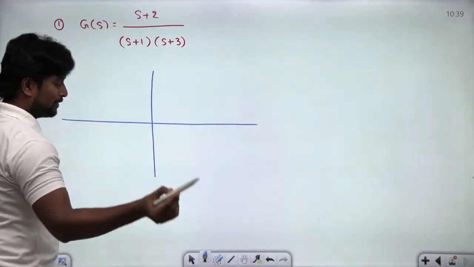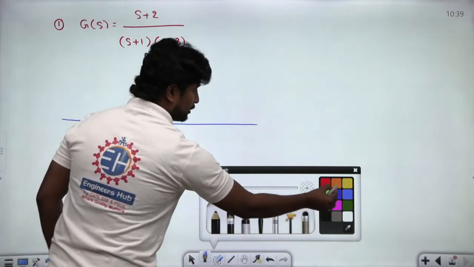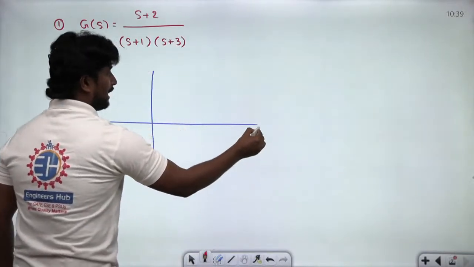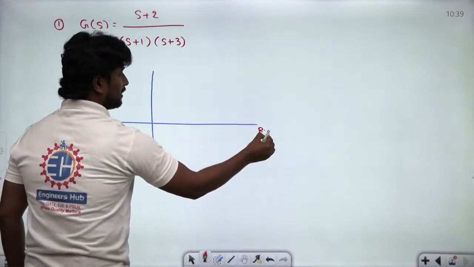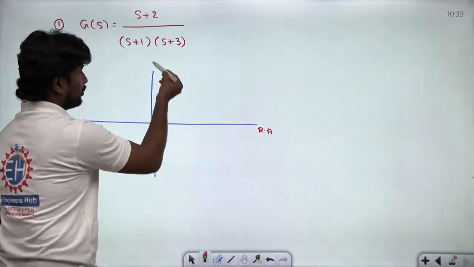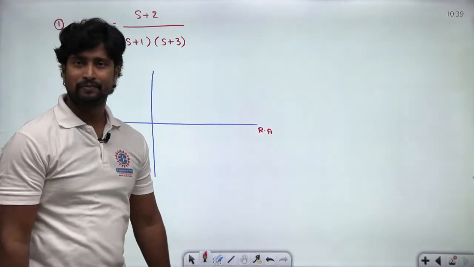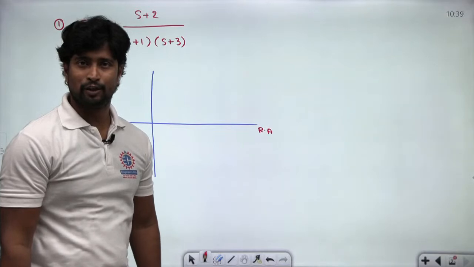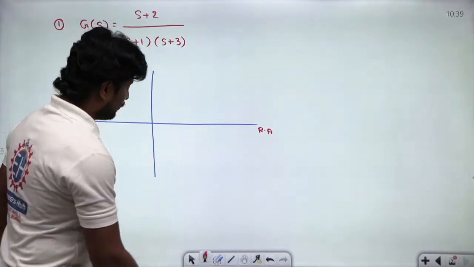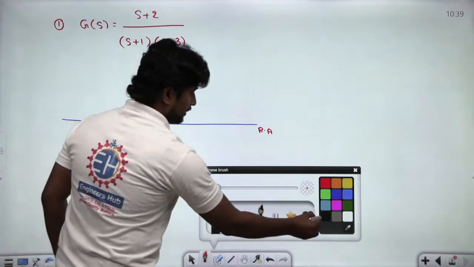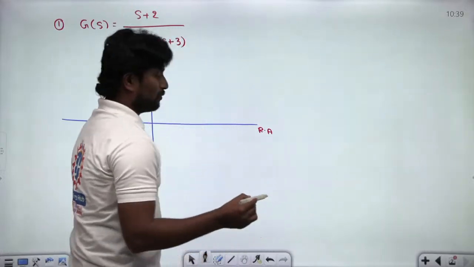Already you know it. This is the real axis and that is the imaginary axis. Are you clear? One by one we'll discuss.